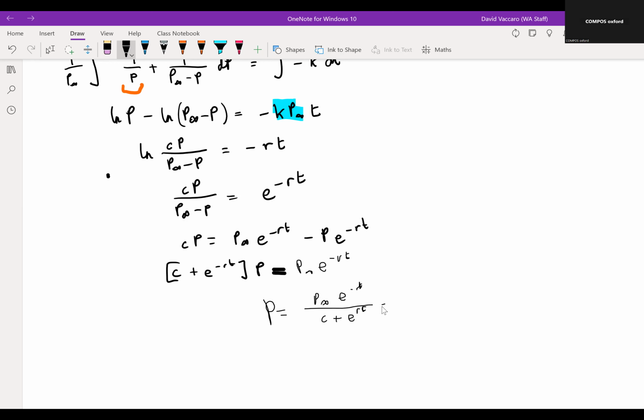And then this is equal to p infinity over, sorry, this is minus rt, 1 plus c e to the rt.